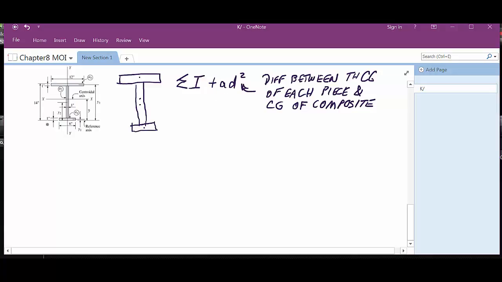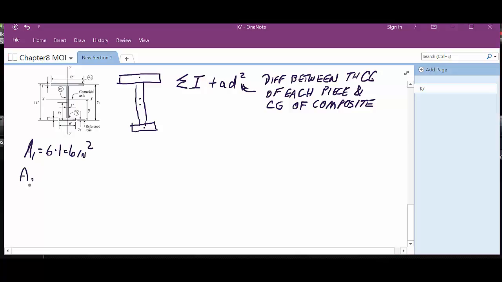Okay, so on this particular problem, we'll have to go in and find the Y bar. So to do that, we would do what? Now they're showing this as 1 on the bottom, 2 in the middle, and 3 on the top. So the area of 1, that's going to be what? 6 times 1. So 6 square inches.